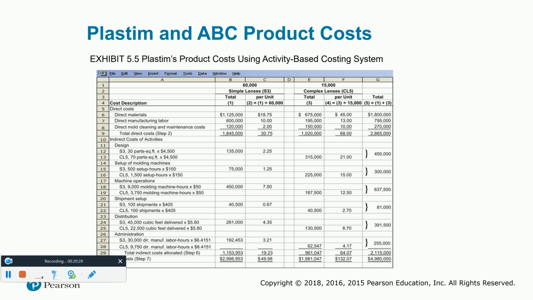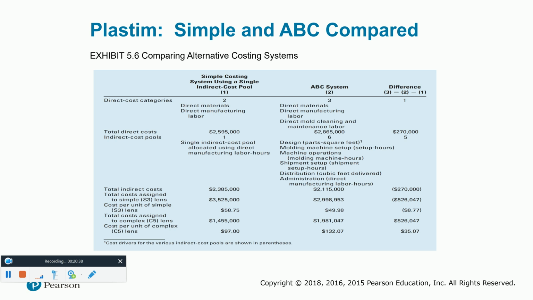And we saw that the simple lenses were overcosted originally, and the complex lenses were undercosted. And that's going to cause a problem. Let's compare the two. With the simple costing method, we had two direct cost categories, direct materials and direct labor. With the activity-based costing system, we had the direct materials and the direct labor, but we also found direct overhead.